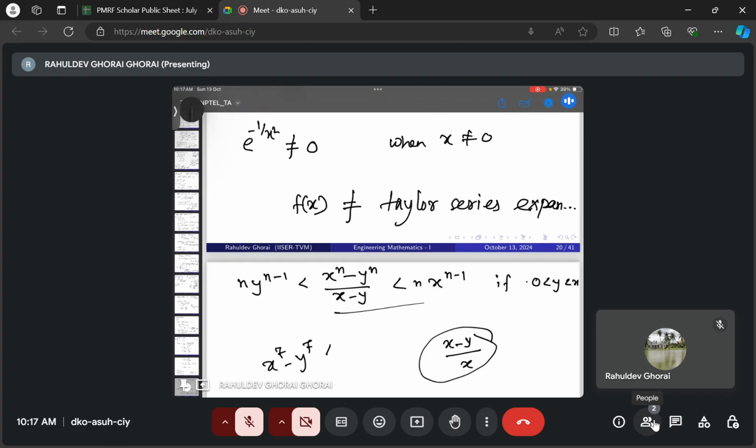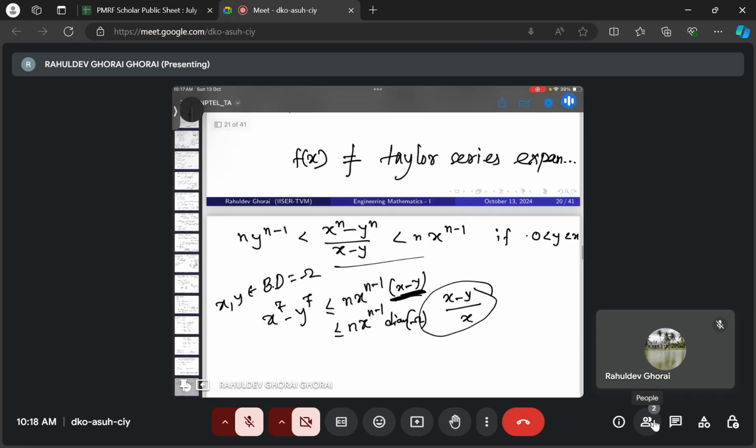That will be less than or equal to, and x and y, you know, are in a bounded domain. Then this will be less than or equal to n times x to the power n minus 1 times x minus y. So you can write that is less than or equal to n times x to the power n minus 1, and this will be the diameter of the domain, independent of x and y. Let's say the bounded domain is omega.